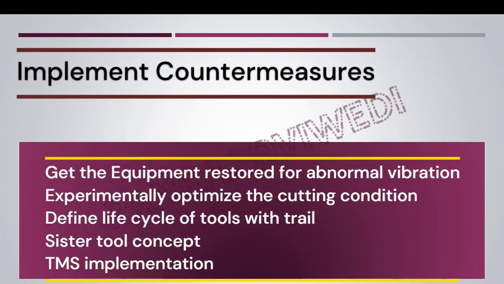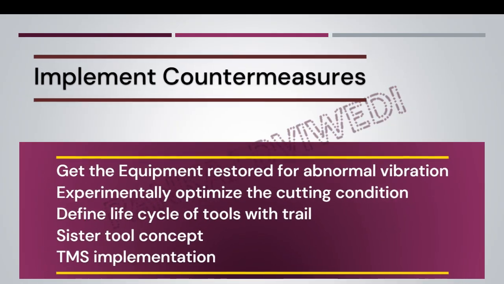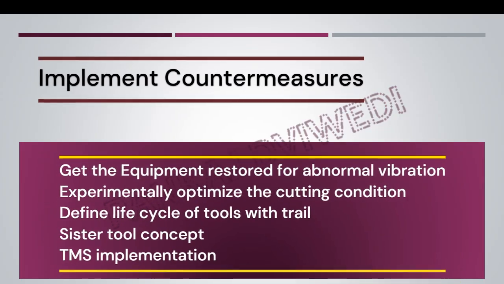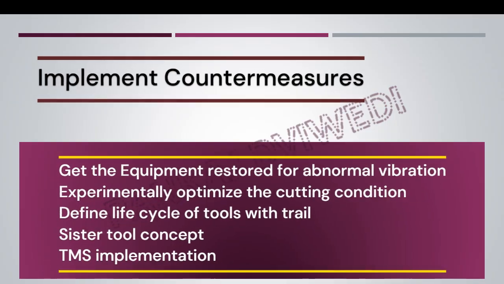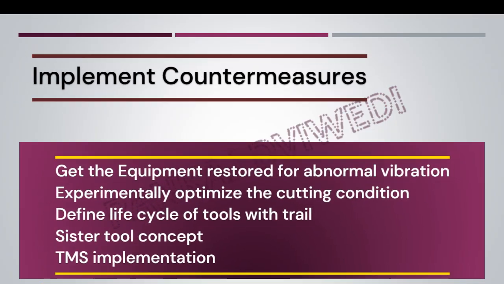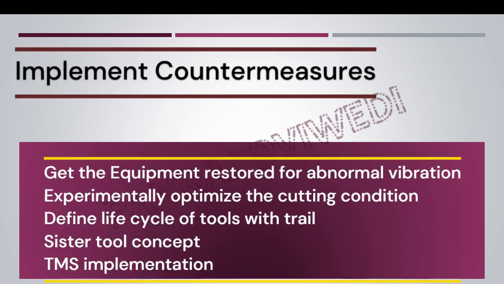Prior to this, you must get the equipment restored to the lowest frequencies of vibration for its natural operation. Once the equipment is restored, only then do the experiment of combinations for vibration versus cutting.